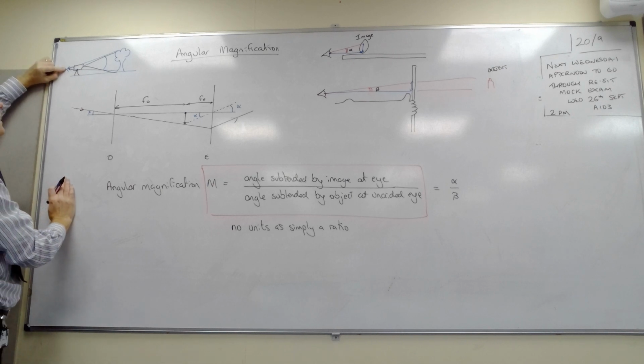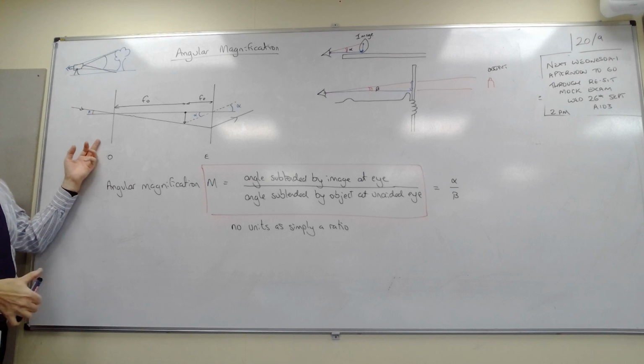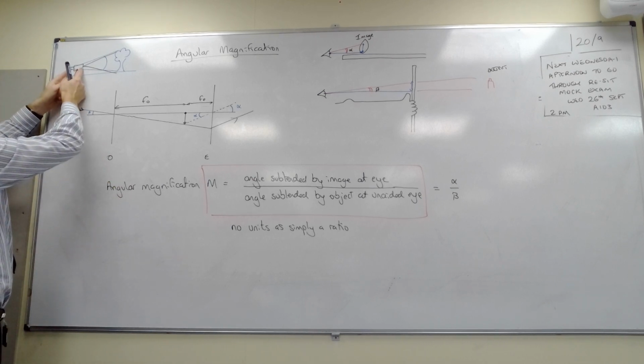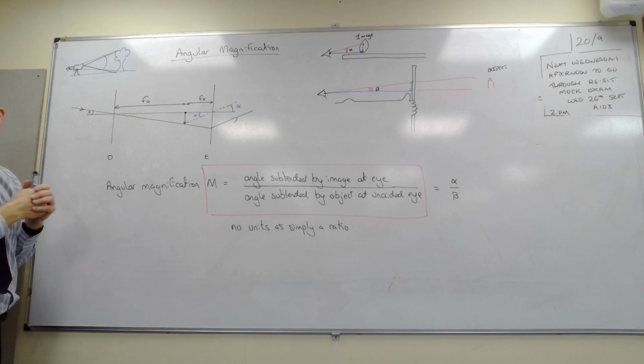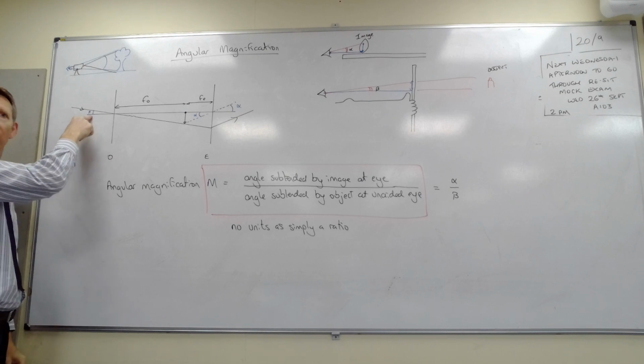Because, you know, it's here, not there. But normally we're looking at objects which are much, much further away, like light years, maybe hundreds of millions of kilometers. So the size of the telescope is negligible compared to the distance I'm looking at. So it's reasonable to say that this is the angle subtended by the object.